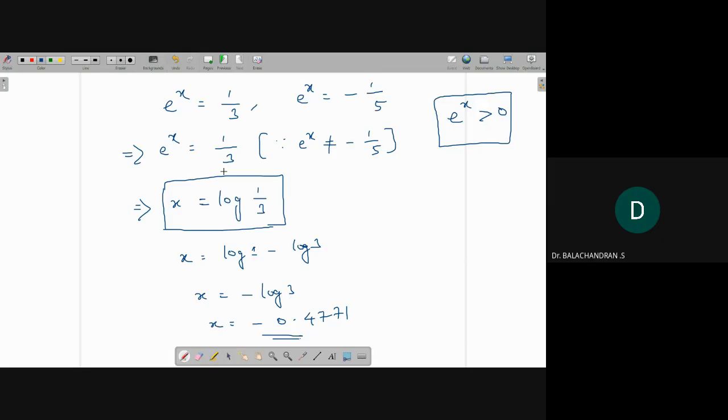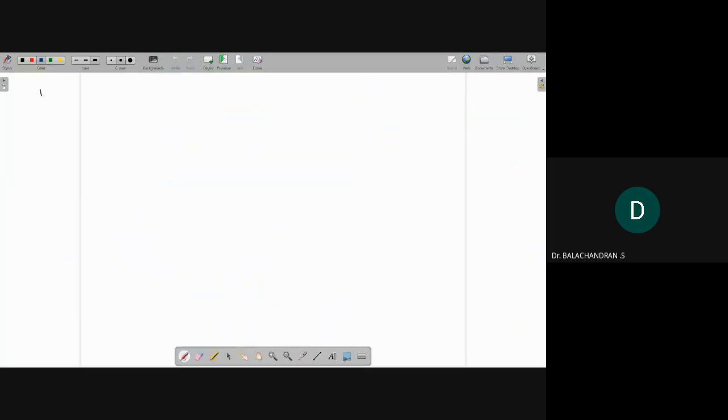Next, I will give you a practice problem similar to this type. Practice problem 2: solve 5 cos hx minus 3 sin hx equal to 5.